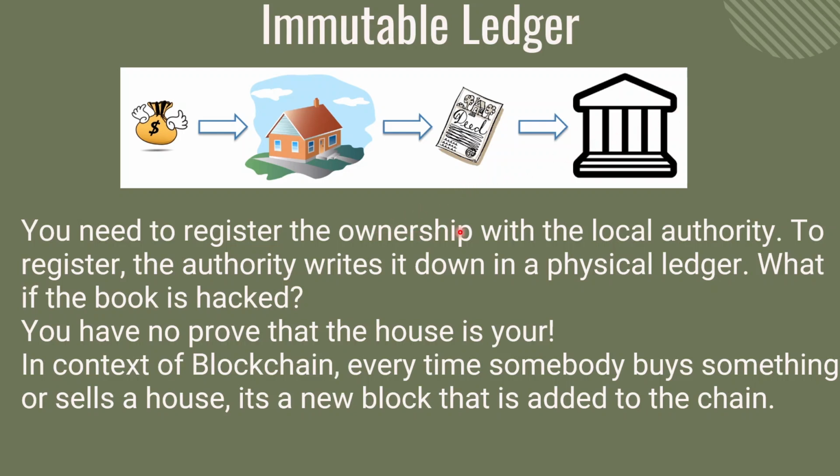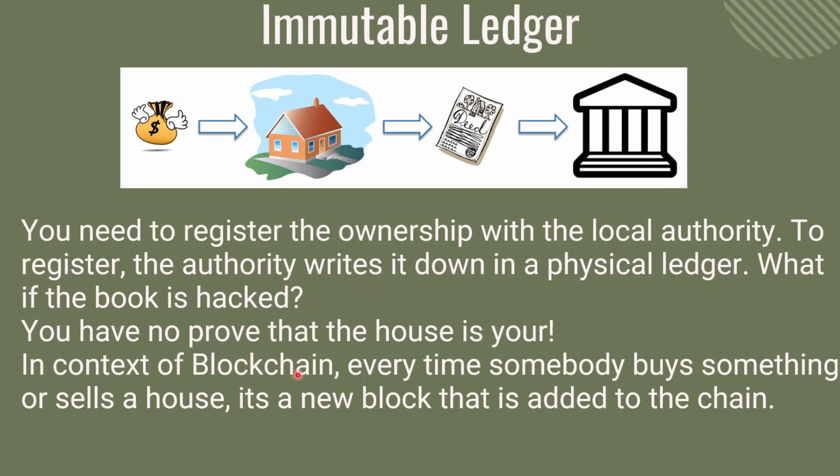To register, the authority writes it down in a physical ledger. What if the book is hacked? In a real sense, what if a natural disaster comes and the book is destroyed, burnt down, or lost? Here we can think of digitalizing this process.